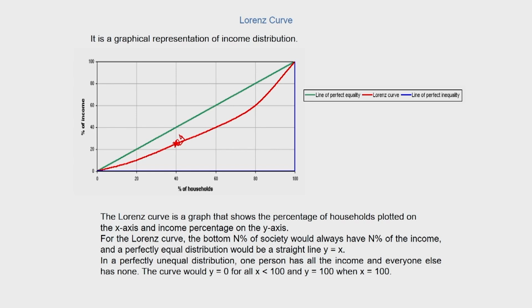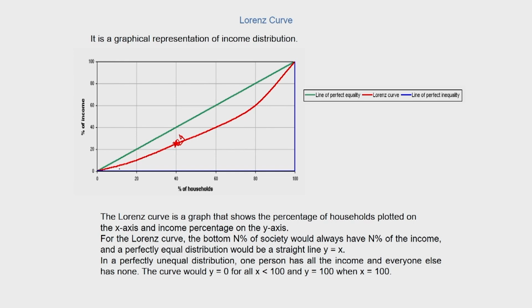And the Lorenz curve is often accompanied by a straight diagonal line, as you can see here, with a slope of 1, which represents perfect equality in income or wealth distribution. When the percentage of households are plotted according to the percentages of income that they control, we come up with this Lorenz curve, which is plotted against the line of equality.